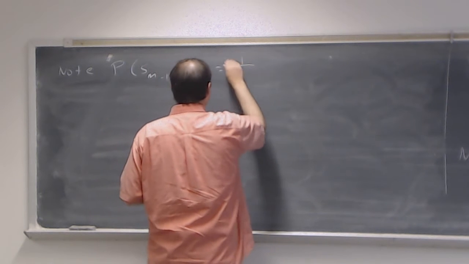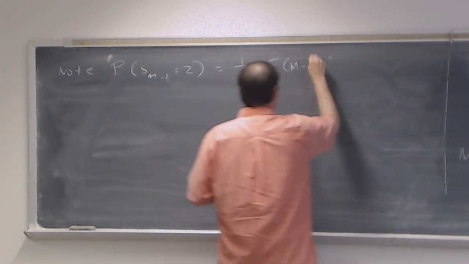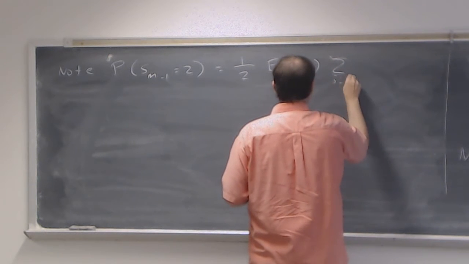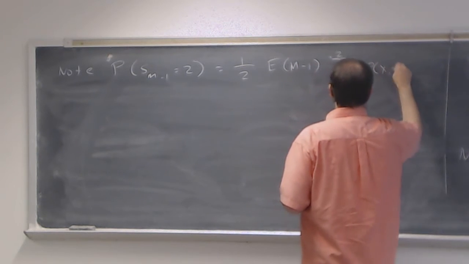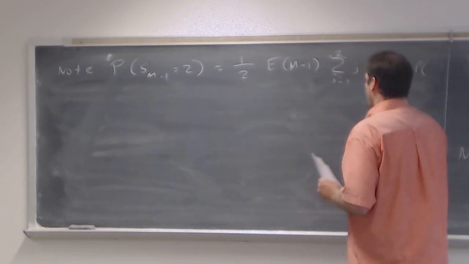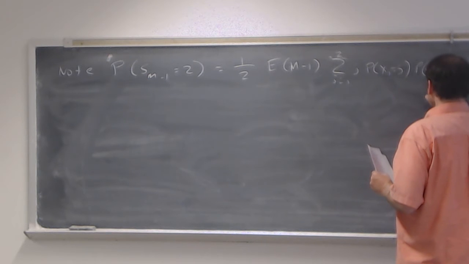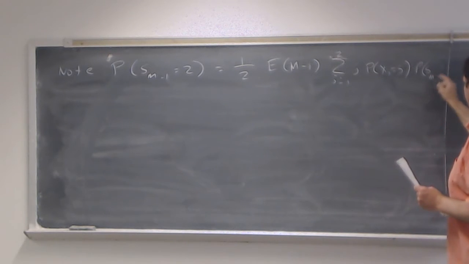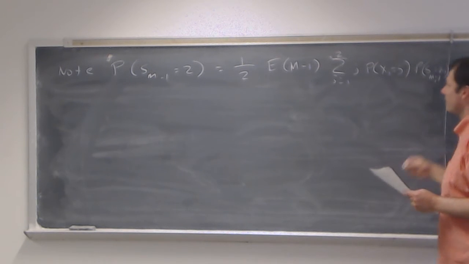This is equal to 1 over 2, the expected value of M minus 1 times the sum as j runs from 1 to 2 of j and the probability that X of 1 equals j times the probability that some other random variable, M sub 1 minus 1, is equal to k minus j, so that's 2 minus j. And that's what I have.